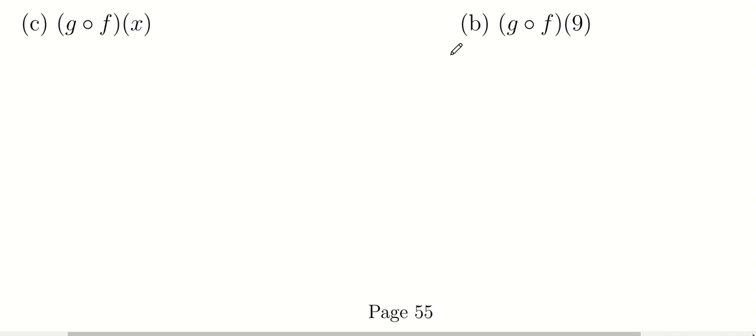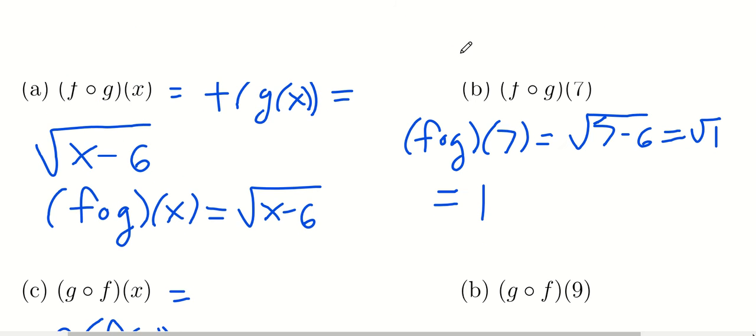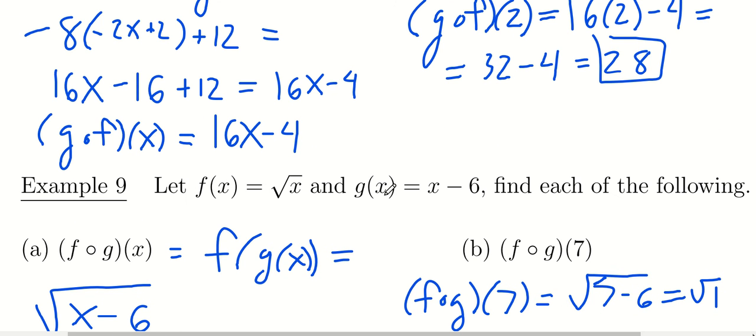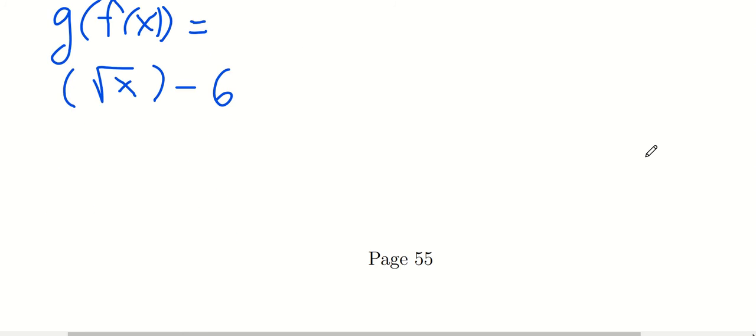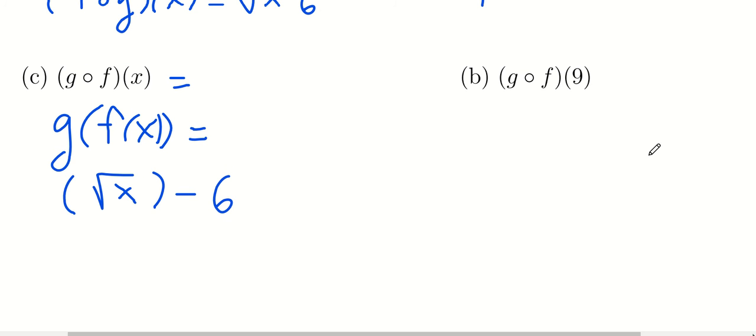We now want to find g of f of x. This is g composed with f of x. So we're starting with the outer function g first. G of x is x minus 6. So g of x looks like input minus 6. And inside of that, we're plugging in f of x, which was the square root function. So g composed with f is going to be the square root of x minus 6.